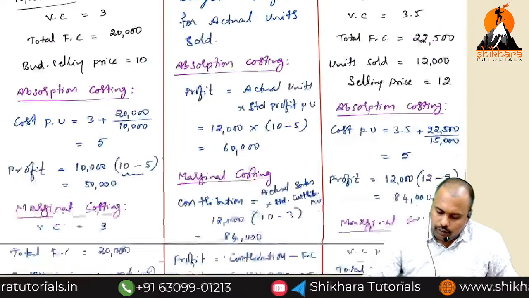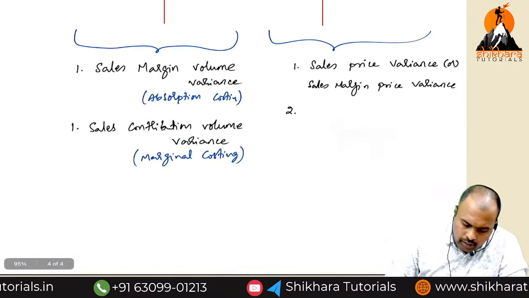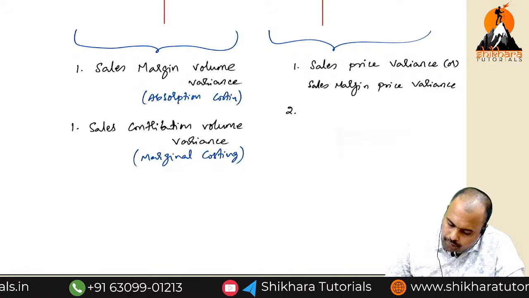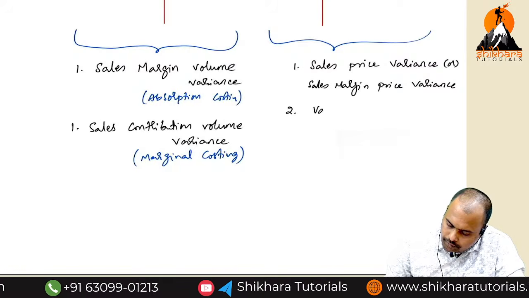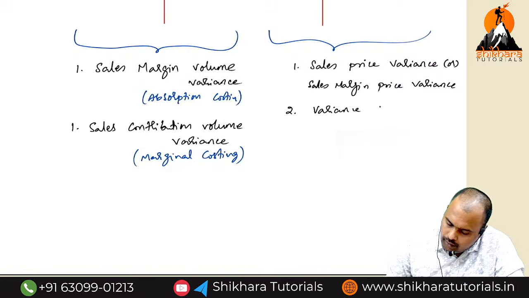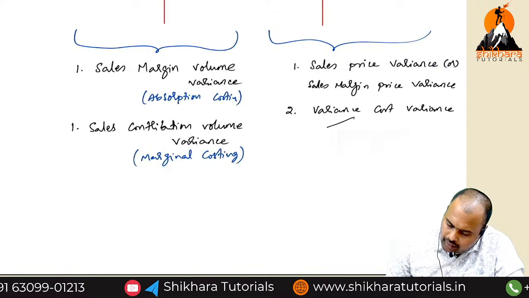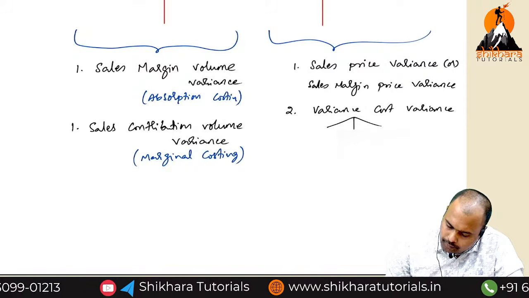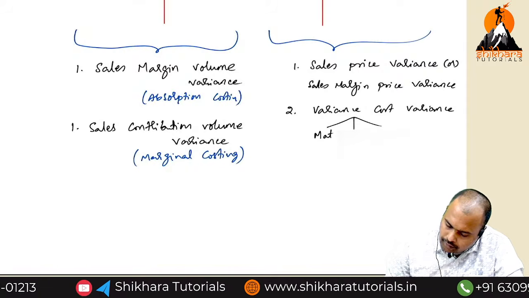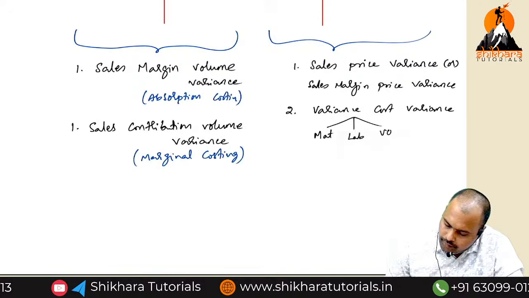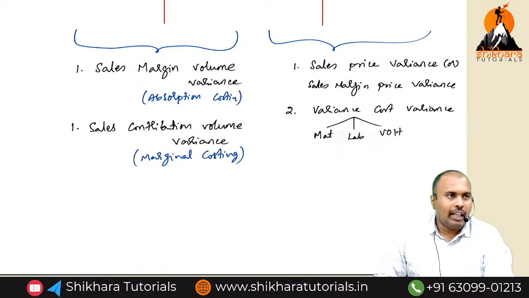Clear? So, variable cost variances. Variable cost means there are 3 variable costs for us: material, labor, and variable overhead. I have not taken that 5.